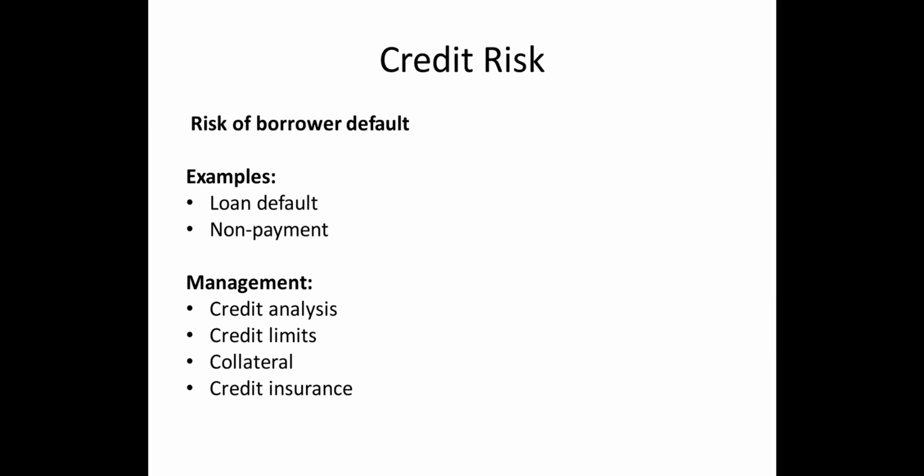Okay. And another is credit insurance. What is credit insurance? It means when you give a loan or credit to any borrower, you should insure that person or that transaction. What is the benefit? The benefit is that if that person dies, or that organization goes bankrupt, then what will happen?